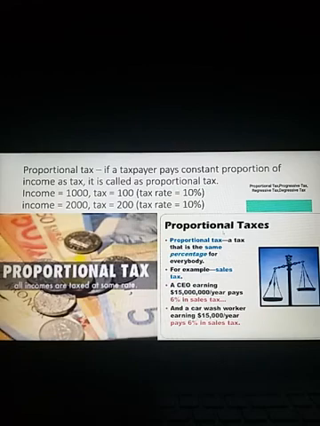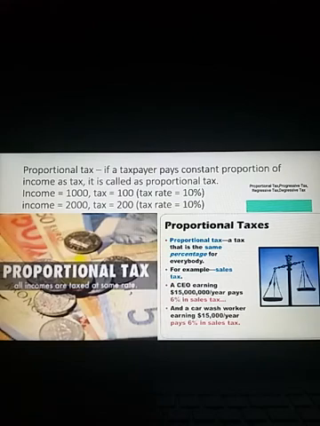Observe the right hand side of the same slide. Proportional tax is a tax that is the same percentage for everybody. For example, sales tax. They have given two hypothetical examples.